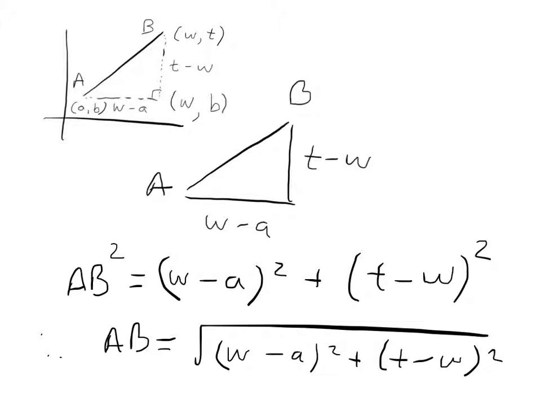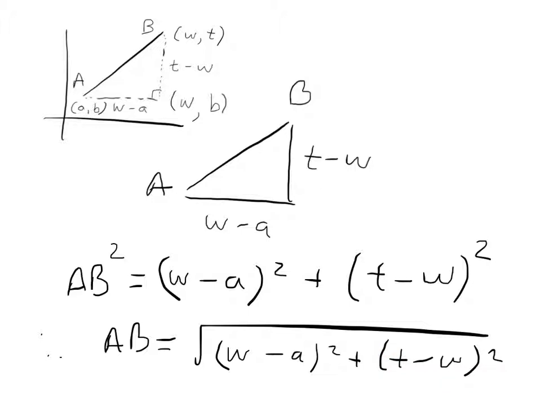And if I then go back up and look at my original setup, what about W minus A? W minus A turns out to be subtracting the x coordinates, and T minus W turns out to be subtracting the y coordinates of our original points A and B. And you might wonder, well, what about the order?